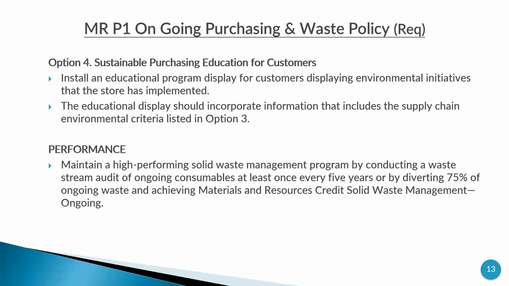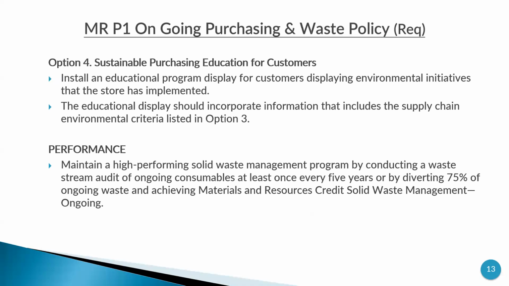Right. So coming to the performance: maintain a high performing solid waste management program by conducting a waste stream audit of ongoing consumables at least once every 5 years, or by diverting 75% of the ongoing waste and achieving the Materials and Resources credit, Solid Waste Management, Ongoing. If you look at it, other credits are connected here.